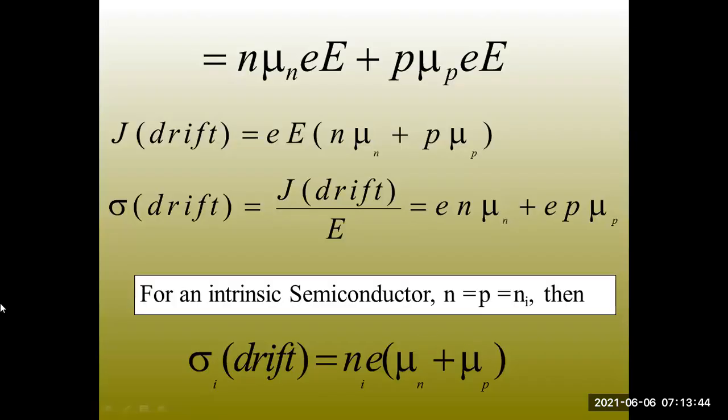So J drift is equal to N mu n e E plus P mu p e E.